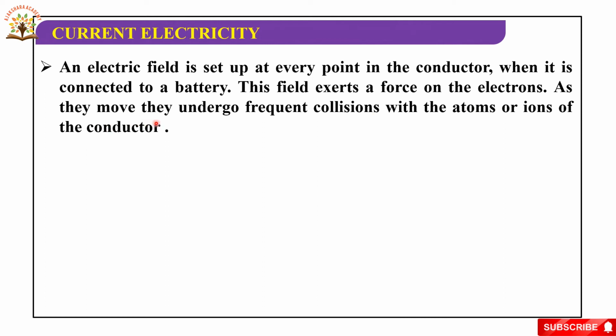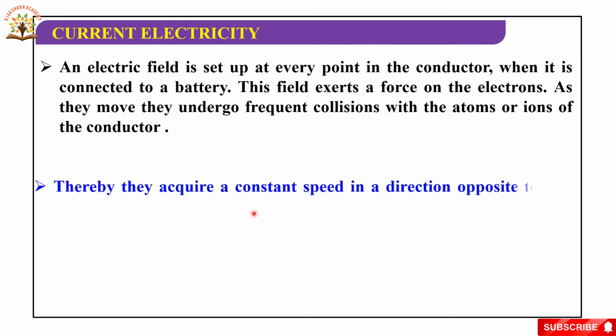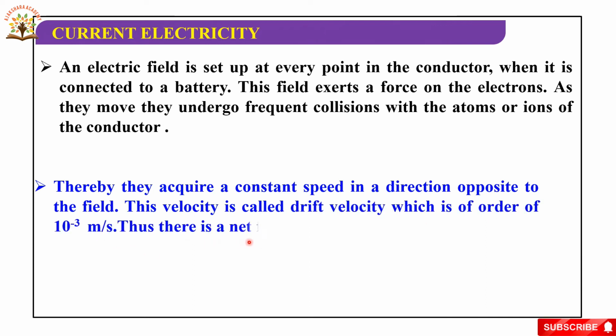As they move, they undergo frequent collisions with the atoms or ions of the conductor. Thereby they acquire a constant speed in a direction opposite to the field. This velocity is called the drift velocity, which is of the order of 10 to the power of minus 3 meters per second. Thus there is a net flow of charge inside the conductor.